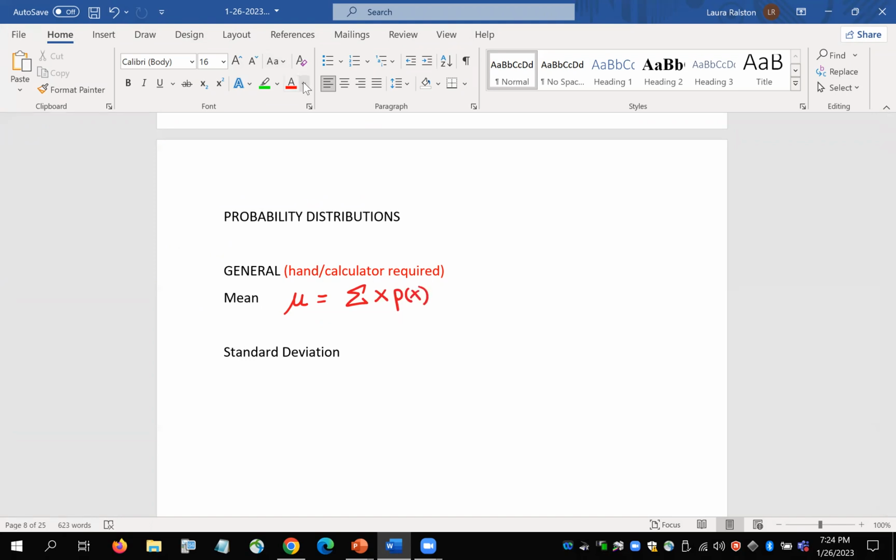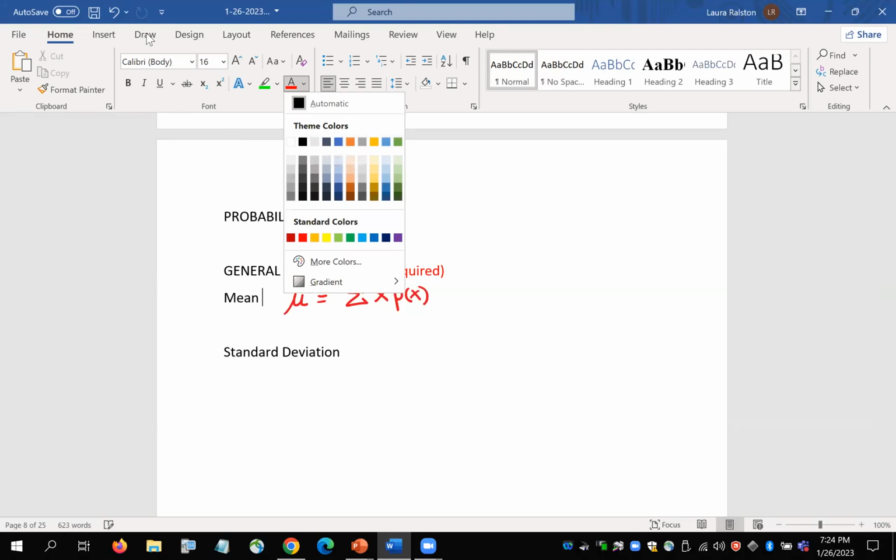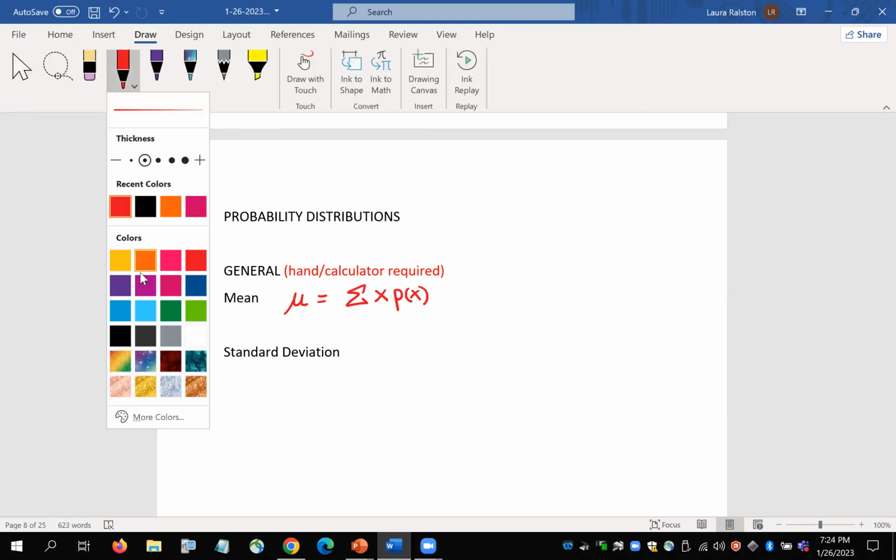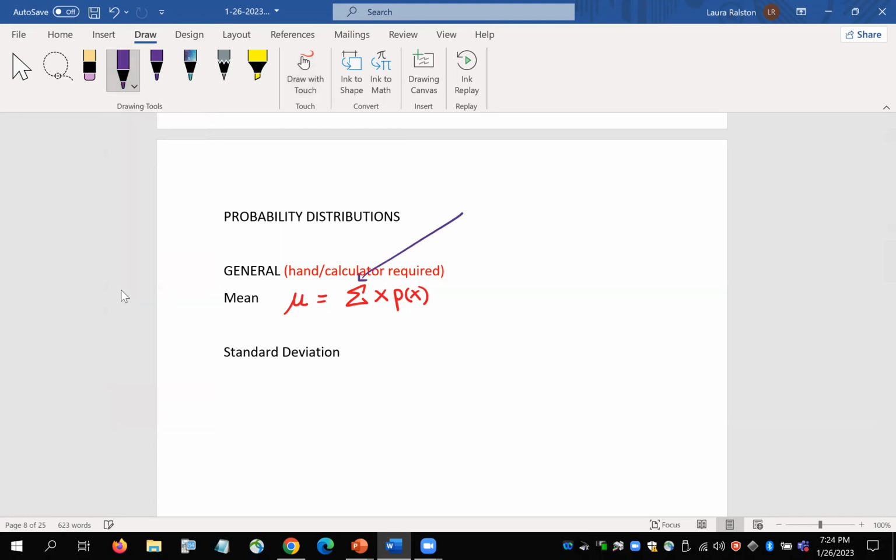This big funky looking E symbol is the Greek uppercase letter sigma.